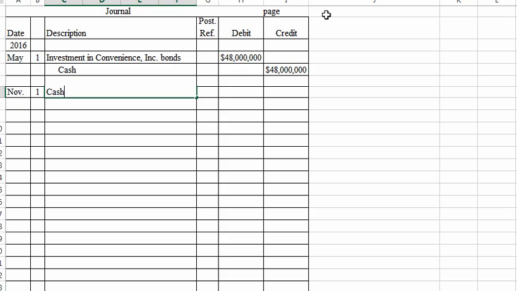Well, that means we have more cash. The asset increased $2,400,000. And the account we're going to credit is investment revenue for that same amount, $2,400,000. These entries are a little easier to make when there's no discount or premium to deal with in the purchase of the bond.